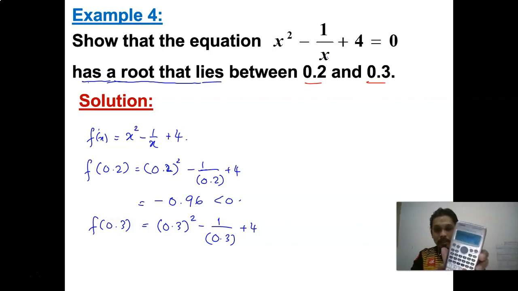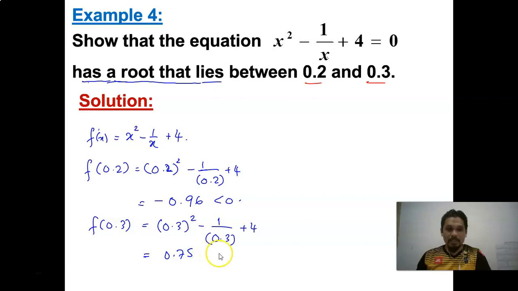Again I get a fraction that I change into a decimal. It gives me 0.57, which is positive, greater than 0.